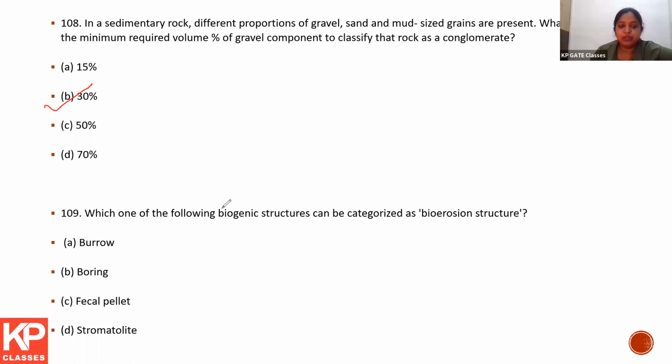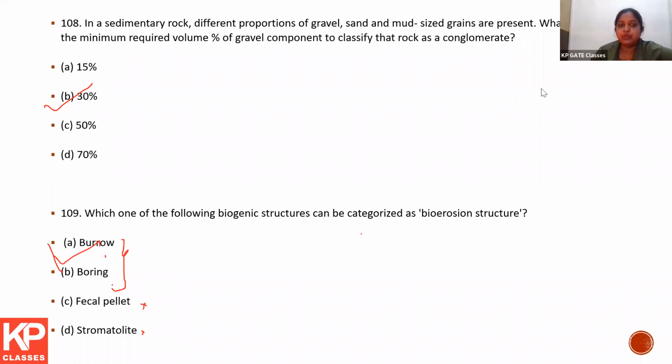Now, which one of the following biogenic structures can be categorized as bioerosion structure? So here, fecal pellet and stromatolite would be the answer. Among burrows and boring, better answer would be boring. Both of them can be bioerosion structures, but among the best choices will be boring.